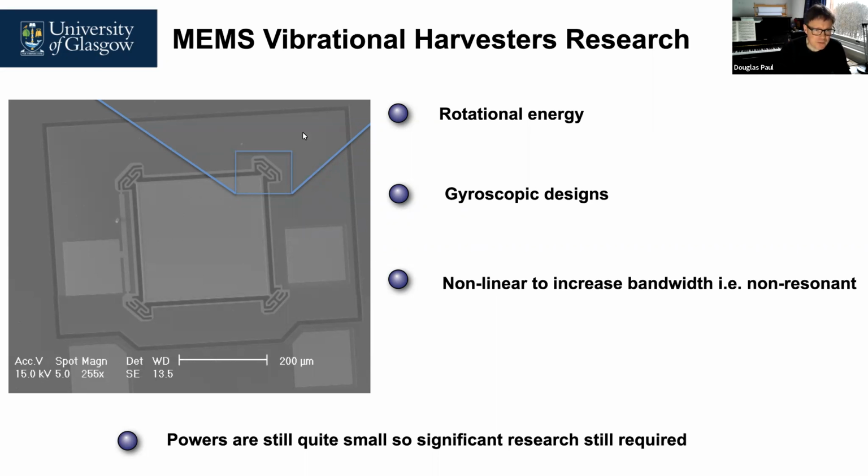This is one example out of a paper from about 8 years ago that shows a particular spring to try and have rotational energy come out of a particular system.